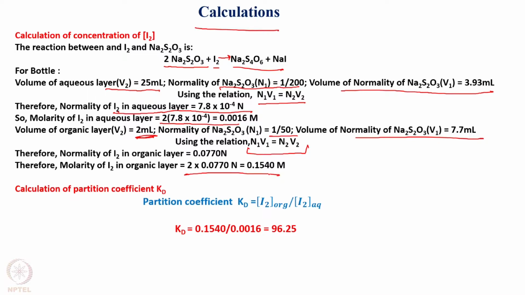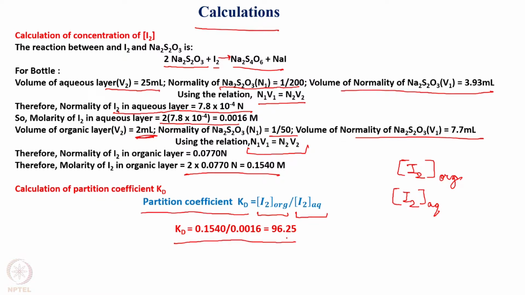Now that we have the values of iodine present in the organic layer and in the aqueous layer, we can calculate the partition coefficient, which is I2 in the organic layer divided by I2 in the aqueous layer, and the value of partition coefficient which we obtain here is 96.25.